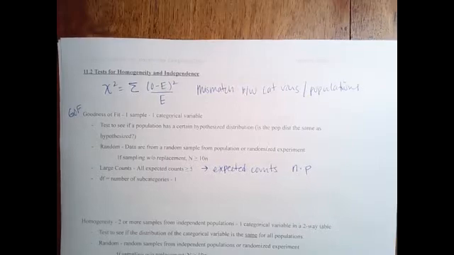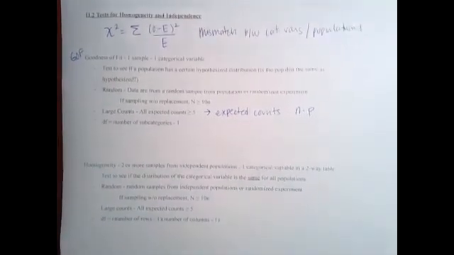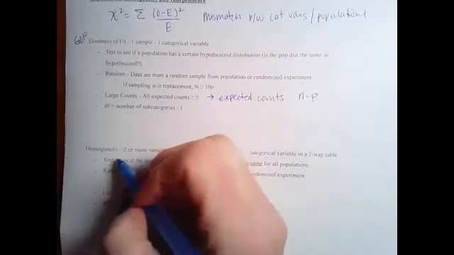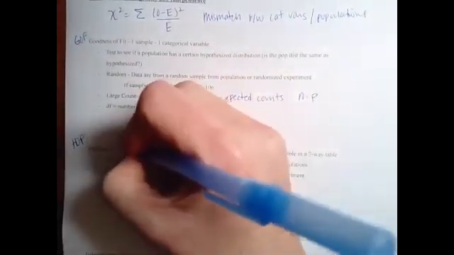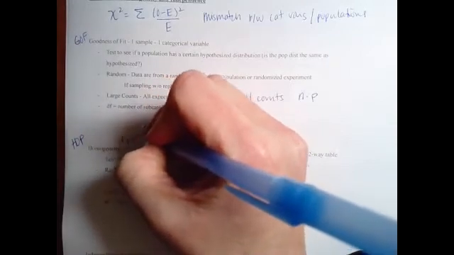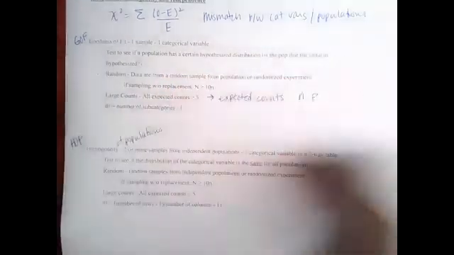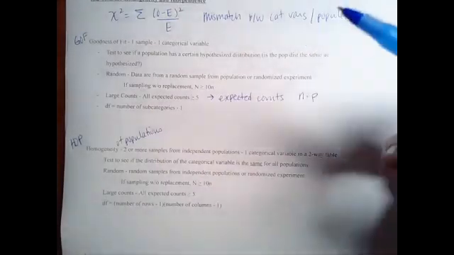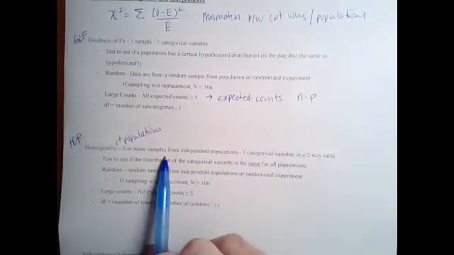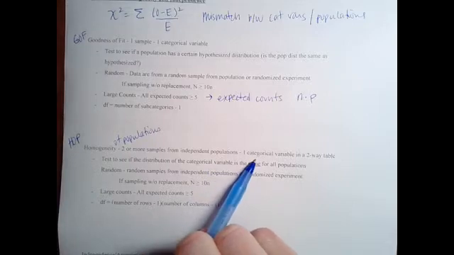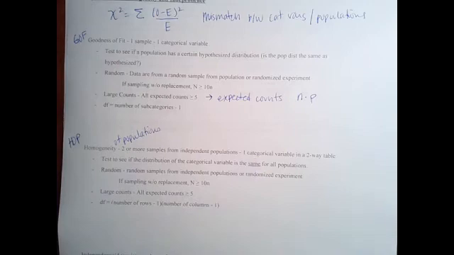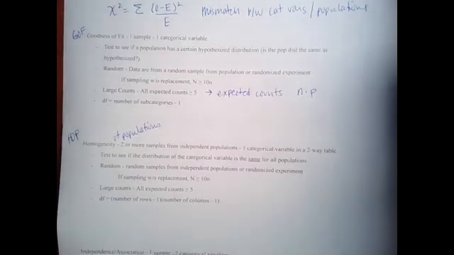Okay, so the second type of chi-square test, we can call it the HOP test, homogeneity of populations. Homogeneity means sameness. So in this case, we've got two or more samples from independent populations, and we have just one categorical variable that we're trying to look at, and the data is usually organized in a two-way table as opposed to goodness of fit, which is a one-way table.